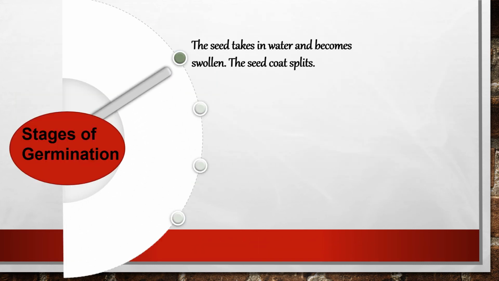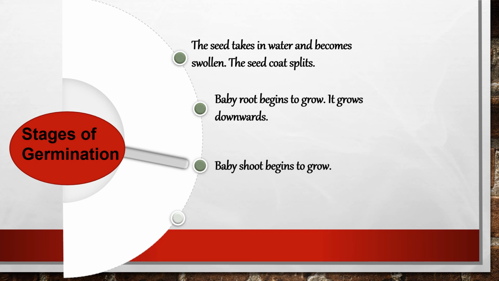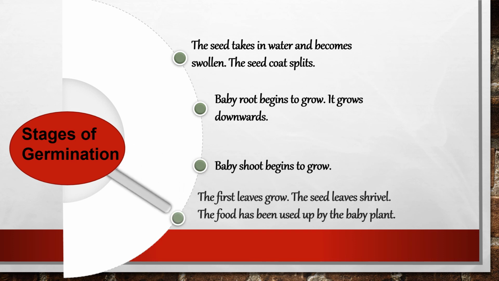Now, the stages of seed germination are: the first one, the seed takes in water and becomes swollen. The seed coat spreads. The second one, the baby root begins to grow. It grows downwards. Stage number 3, the baby shoot begins to grow. Stage number 4, the first leaves grow.